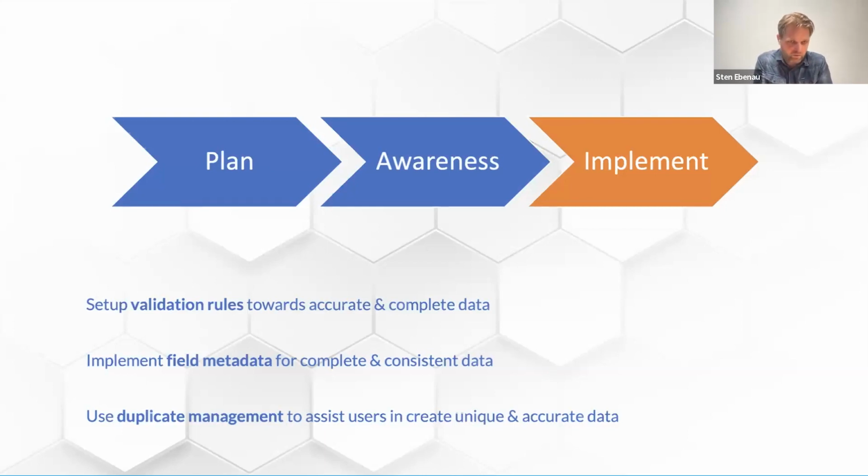Use the standard Salesforce duplicate management features and implement those to make sure that when a user creates a new record, it is unique and it's not a duplicate account, or it's not a duplicate prospect, or it's not a duplicate contact, or even worse, a duplicate opportunity. Make sure that's in place, that works out pretty well.